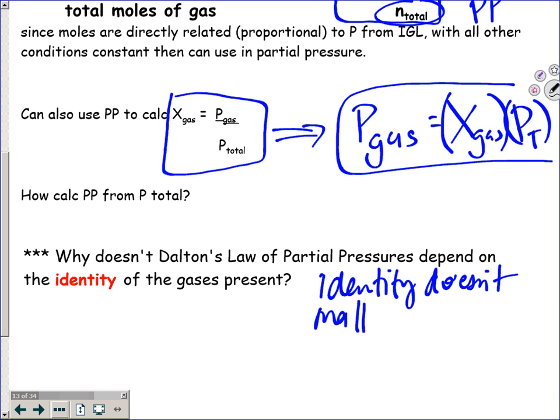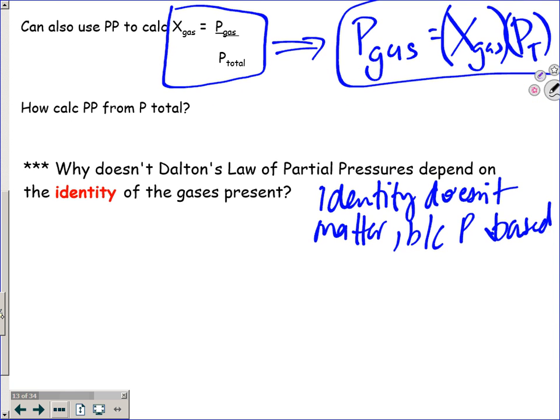Because pressure is based on what? Collisions, right. Identity doesn't matter because pressure is based on the number of collisions, not necessarily anything else. There's more to it, but remember we make a lot of assumptions just to make our life easier. I wish we could do that all the time, right?